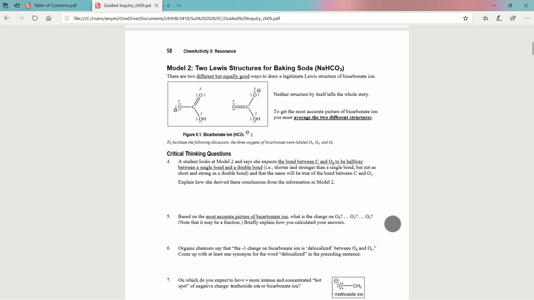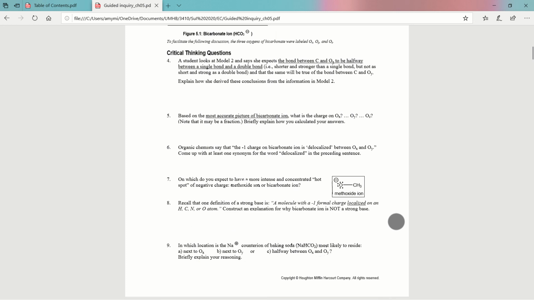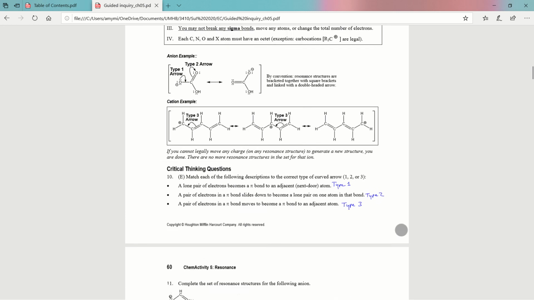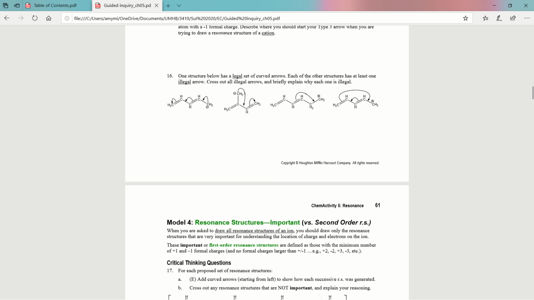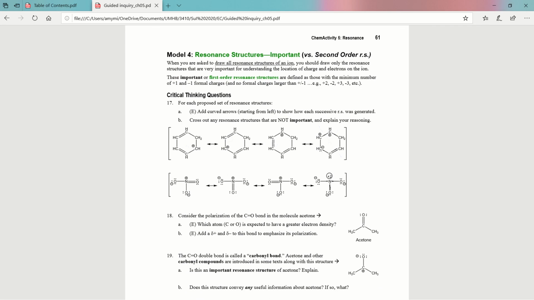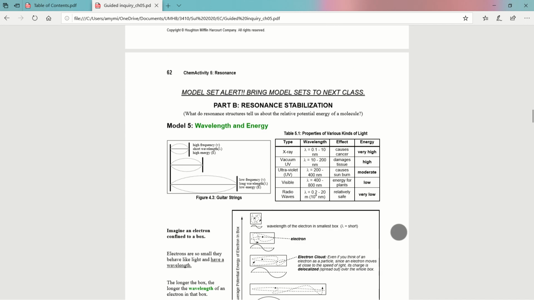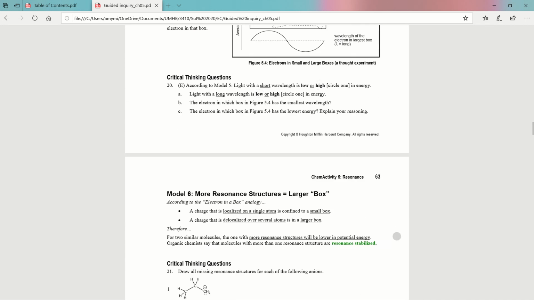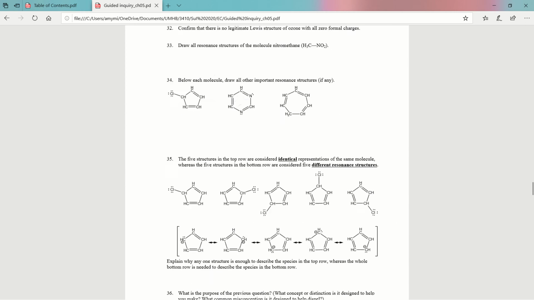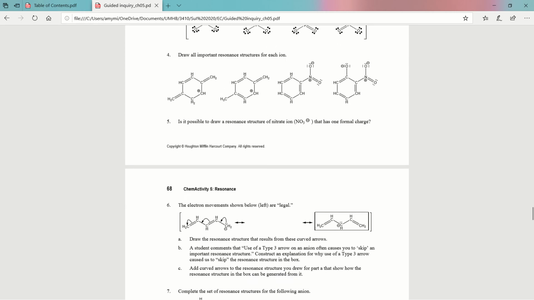And then we have Lewis structures as well and critical thinking questions. And so this exercise is designed to help you become experts at drawing and interpreting resonance structures. It's fairly long. If you don't complete the whole thing, you'll still get some of the credit.